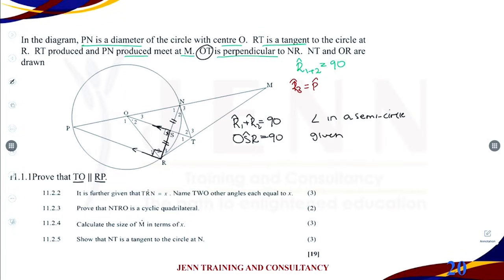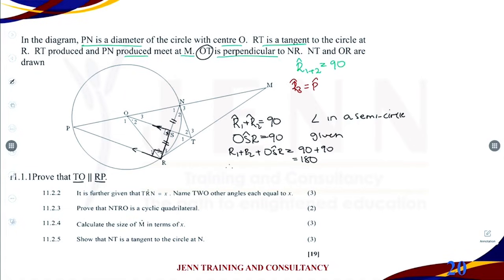Therefore, angle R1 plus angle R2 plus angle OSR is 90 plus 90, which is 180.